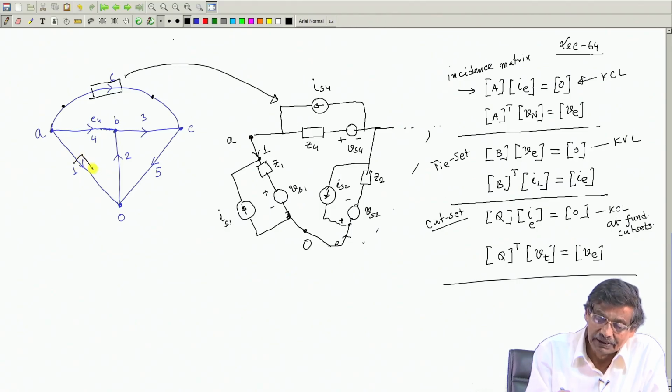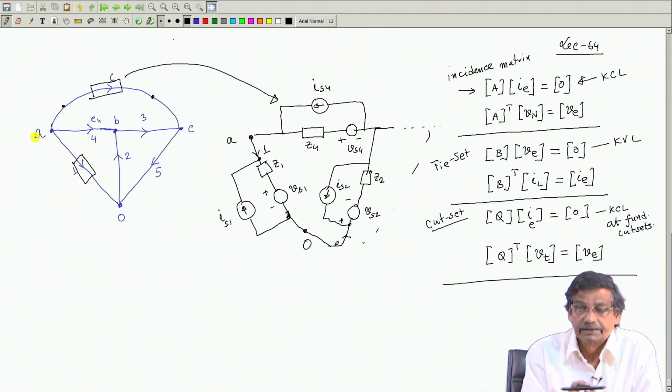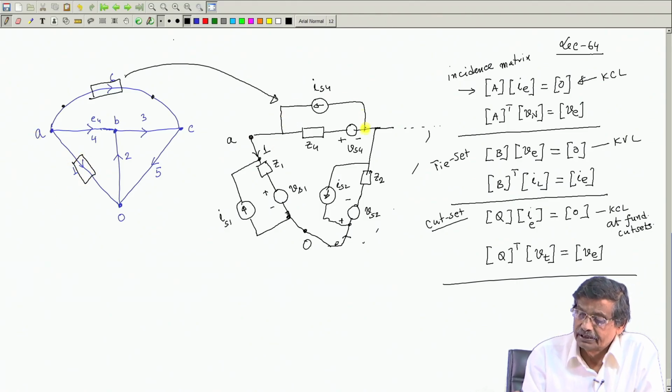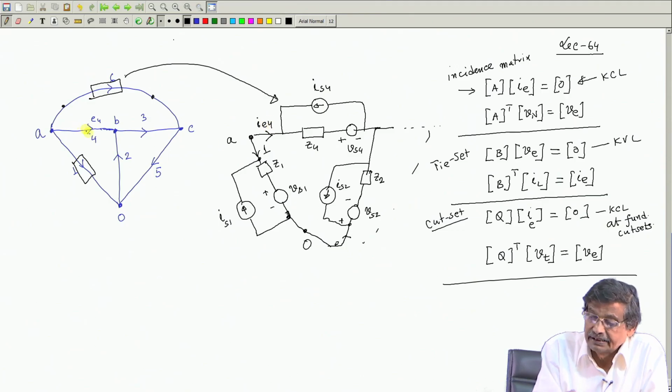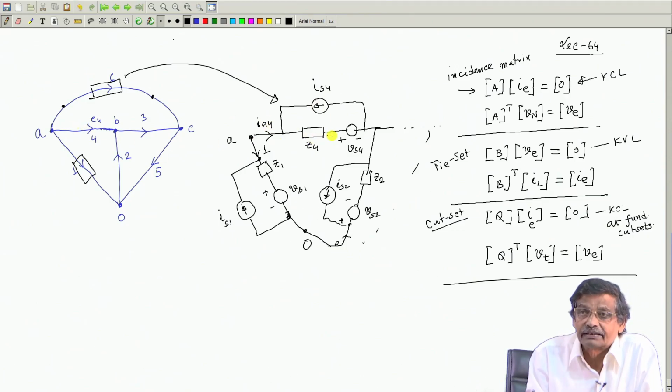There will be an impedance there, but while drawing the tree of the network, we considered this to be one thing and drew a horizontal line like that. And this current I am telling is I_E4, mind you; this current is I_E4, not this impedance current.